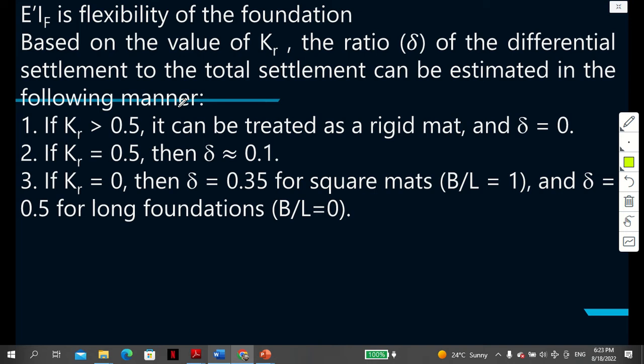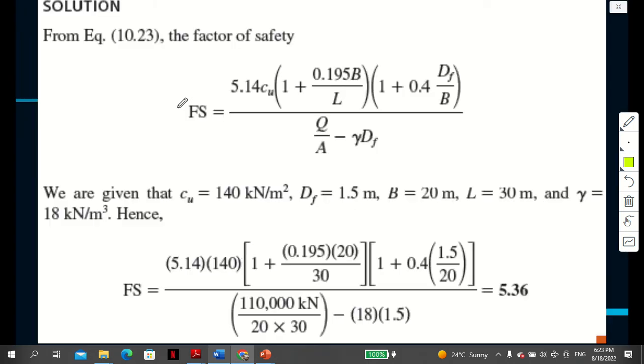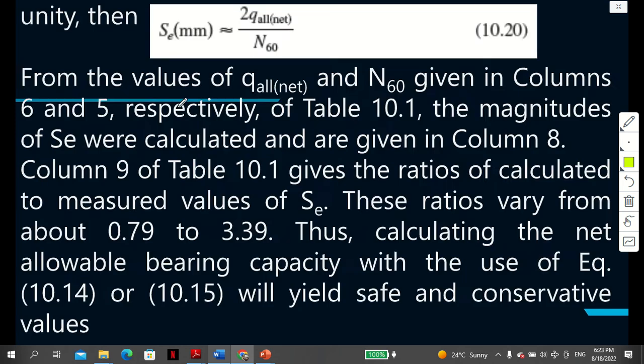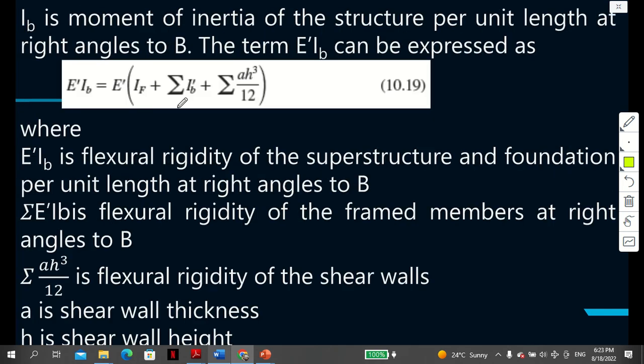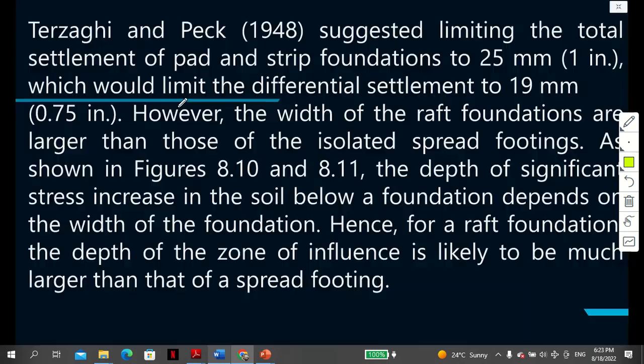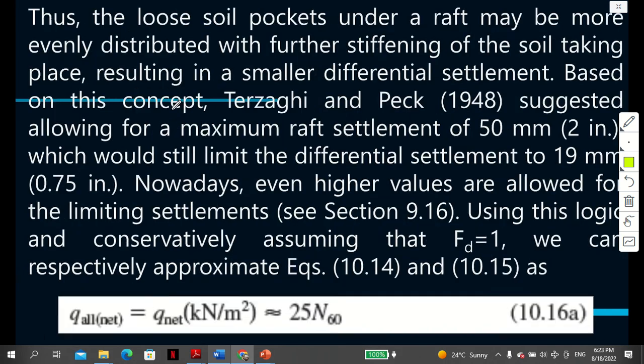That's 10.8. So, figure 10.7 is where? Yep, that's the figure 10.7.